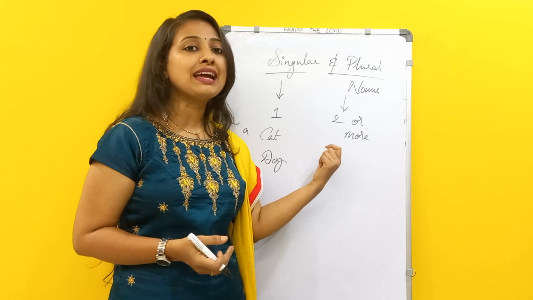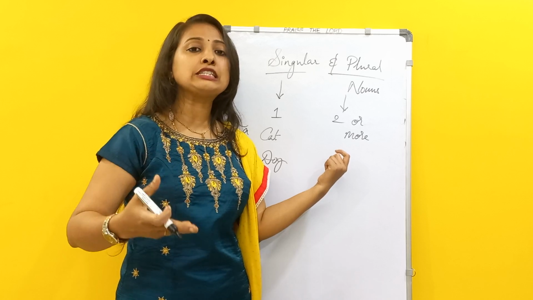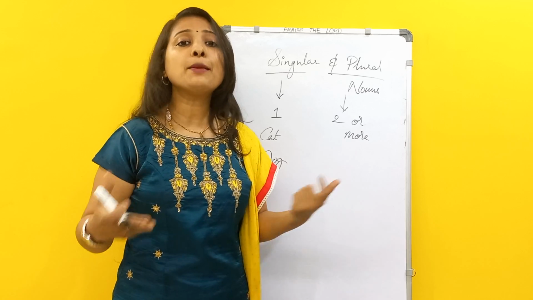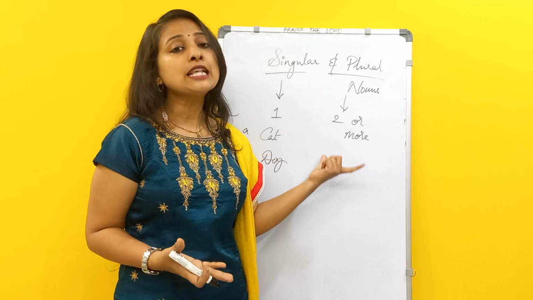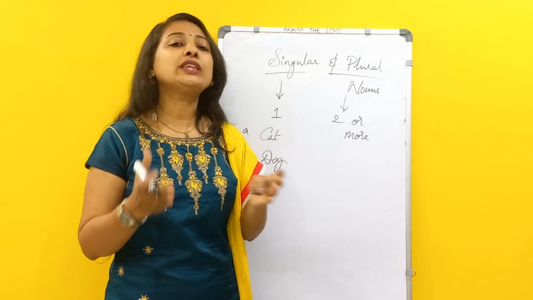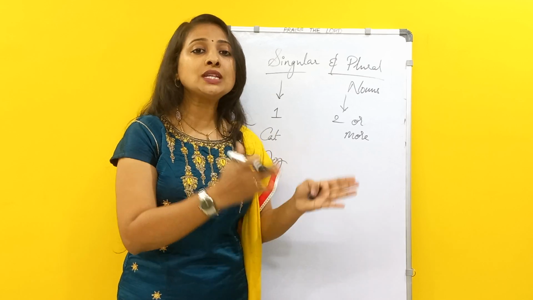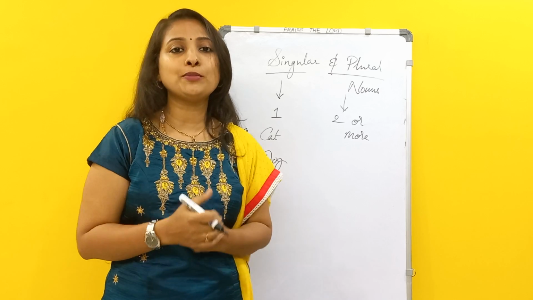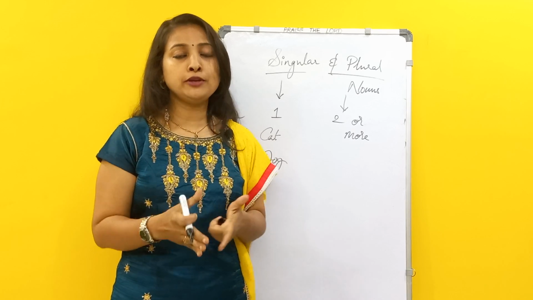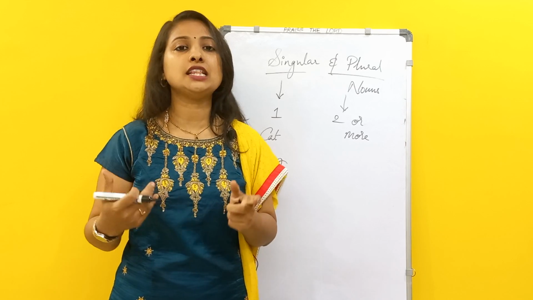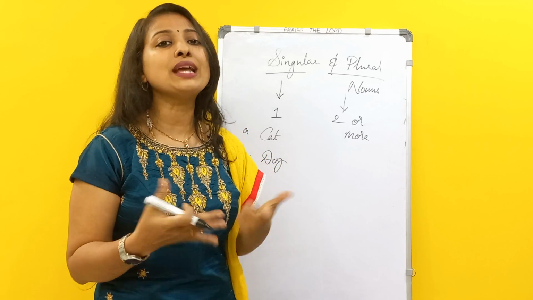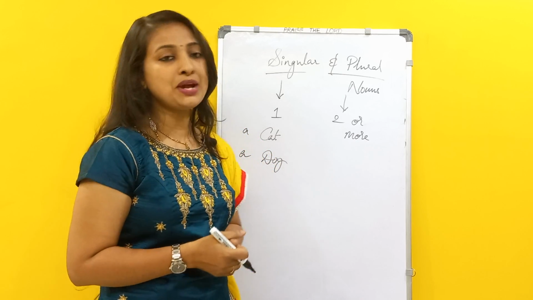So when we talk about animals, things or persons, when they are more in number, we call it a plural noun. There are certain rules for how singulars are transformed into their respective plurals. We'll be seeing them one after the other. There are a few rules and a few exceptions which come across, right?